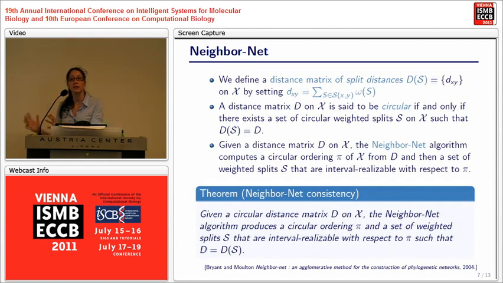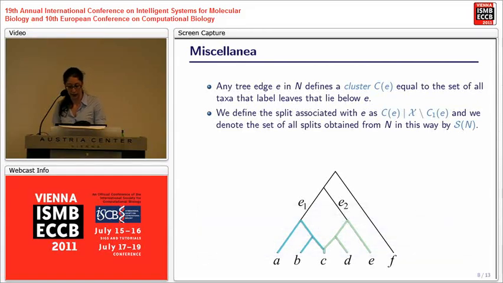So it gives you a bunch of splits and an ordering of the taxa. The most important thing about NeighborNet is that it is consistent. If you have a circular matrix, then it will give you the right set of splits. And this is something that we will use in the algorithm.